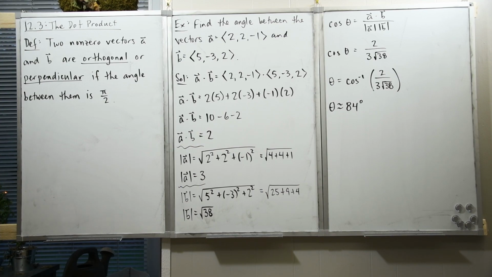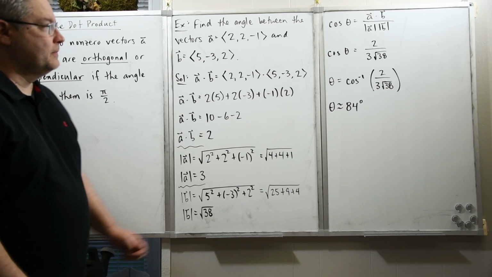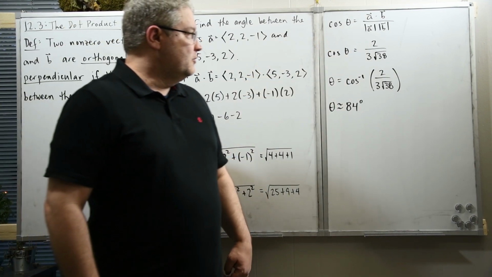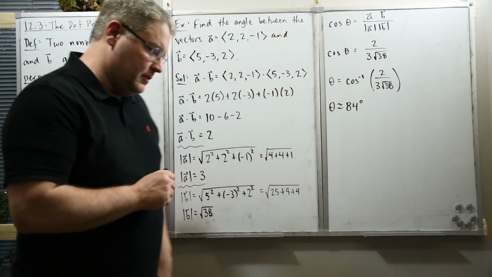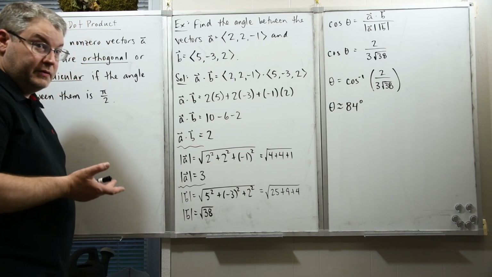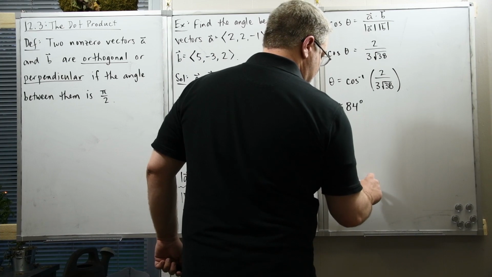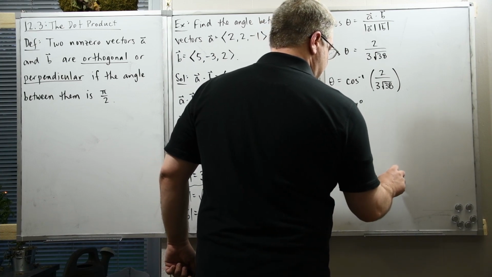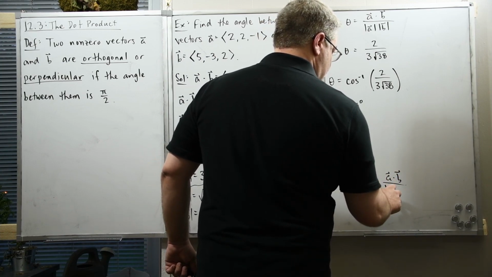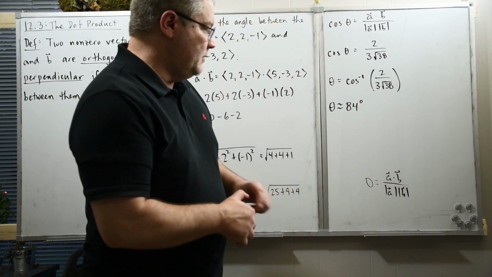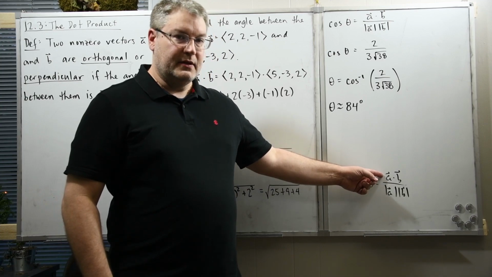Now, if you go back to this equation, remember, if theta is pi over 2, cosine pi over 2 is equal to 0. So if I have, for example, 0 equals A dot B over the magnitude of A times the magnitude of B, the only way that this is going to work out is if the top is equal to 0.